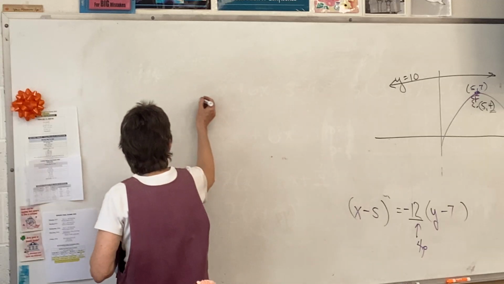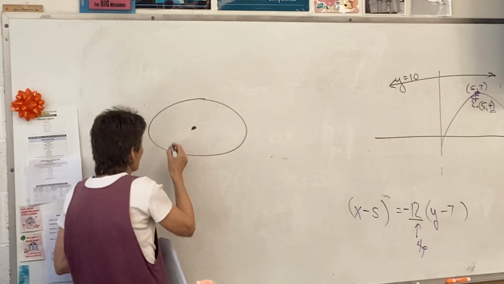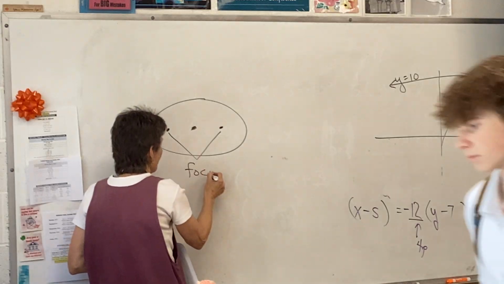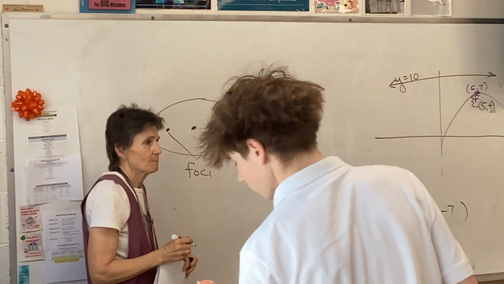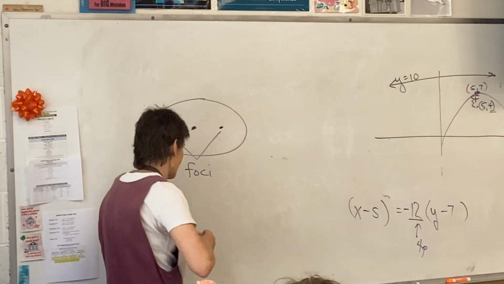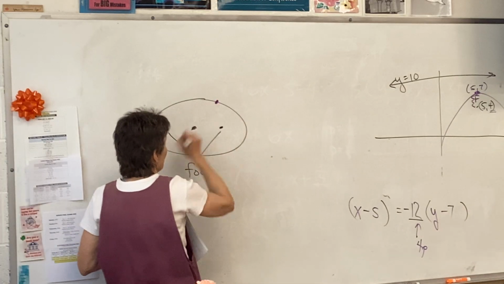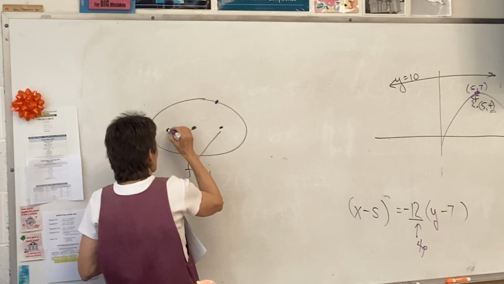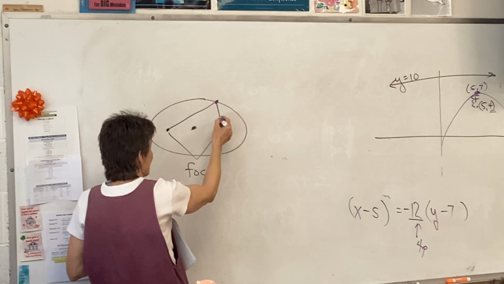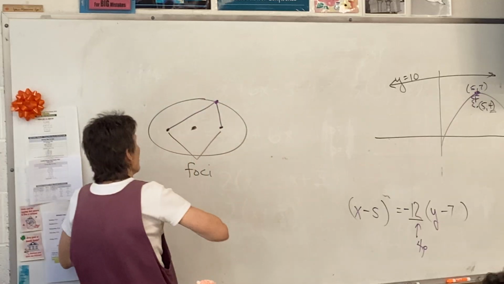So in other words, here's our ellipse, here's the center, here are these two fixed points. Those are called the foci of the ellipse. What the definition means is that if we took any point on the ellipse, I'll just take that one, this distance and this distance added together, the sum of the distances will be the same no matter where the point is.